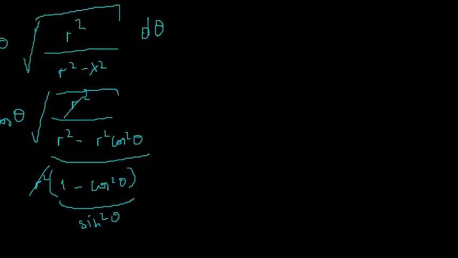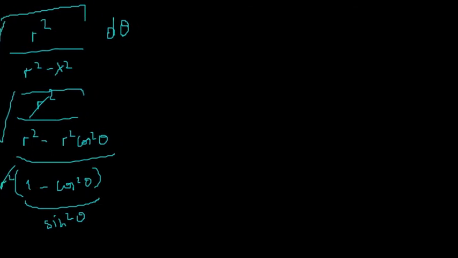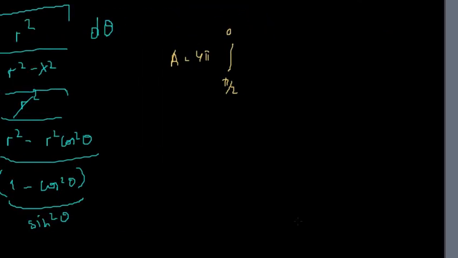So A is equal to 4 pi integral between 0 and pi over 2 of r squared sine of theta cosine of theta times 1 over sine of theta, since the square root gives us power 1.